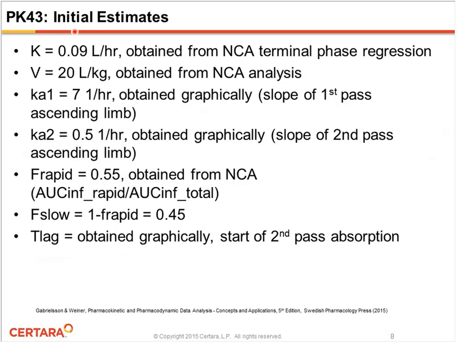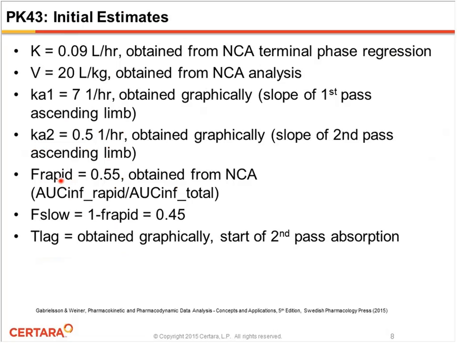Okay. For PK43, the initial estimates for the model will be the rate of elimination, which is obtained from the NCA terminal phase regression, and the volume of distribution obtained from NCA analysis. The absorption rates Ka1 and Ka2 can be obtained graphically, from the slope of the first pass ascending limb and of the second pass ascending limb respectively.